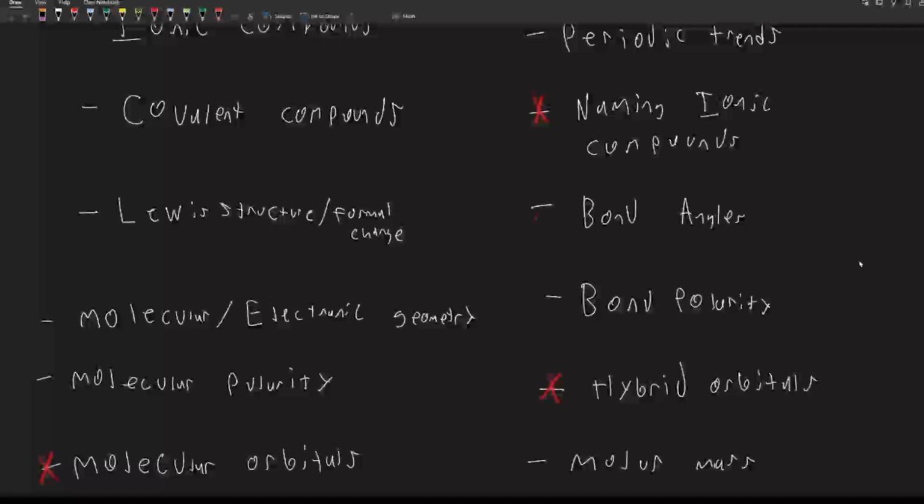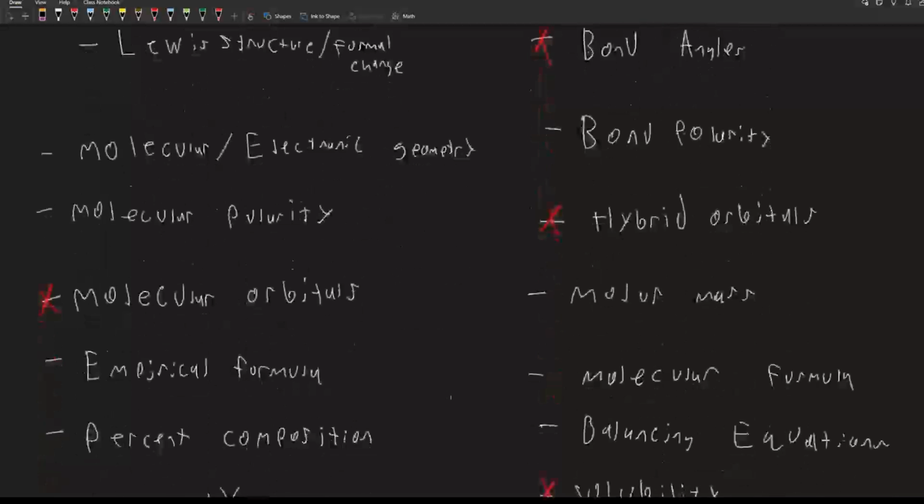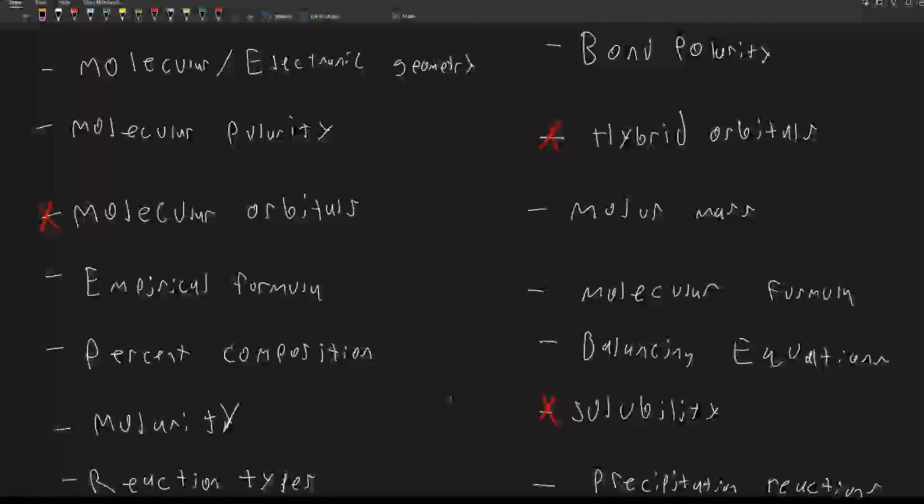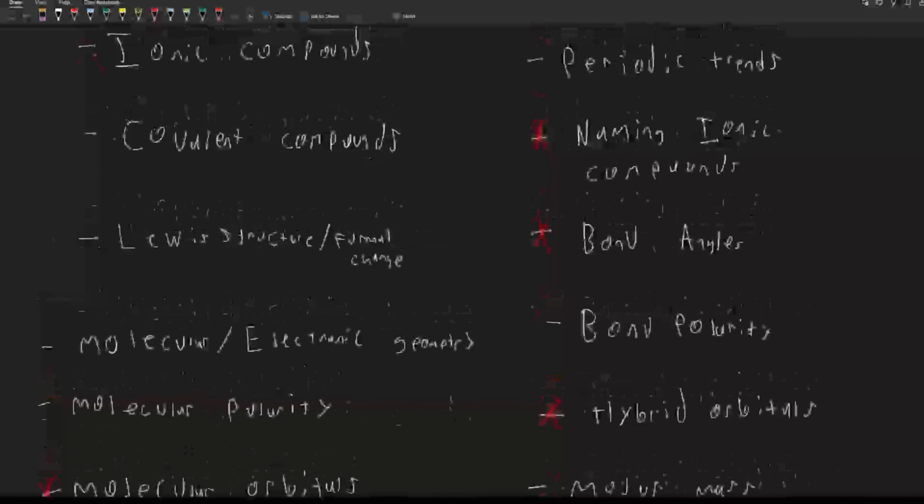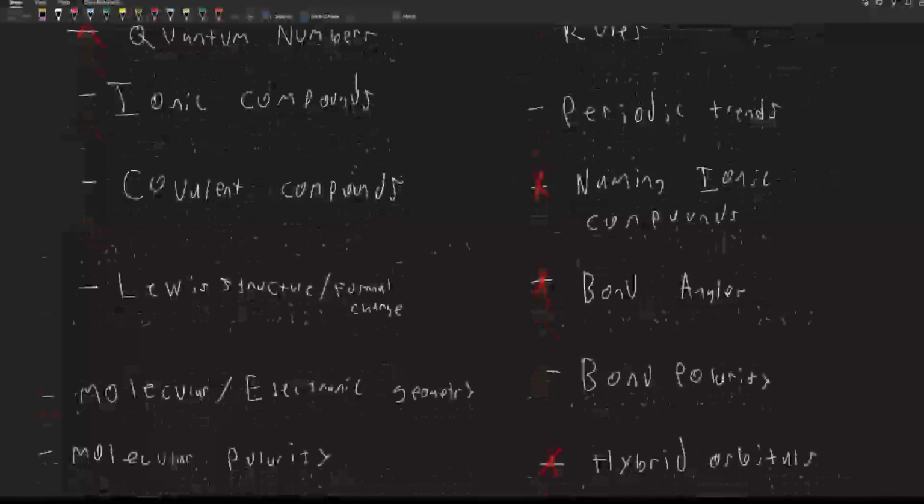And they don't need to know bond angles. That is everything. So Chem 111 students don't need to know what I have exited.